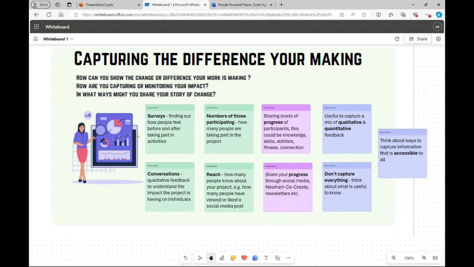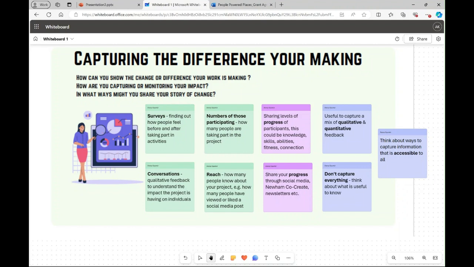Some of the things that we were also discussing were about sharing your progress. This could be participants and how they have progressed in knowledge, skills, abilities, fitness, connection. It could be really broad, it could be anything, and that's something really powerful to share about the story of change that your project is having in your community.